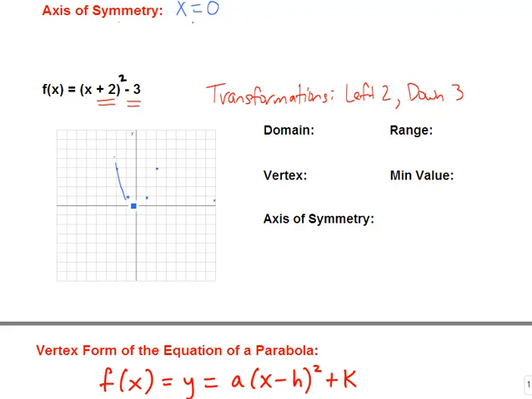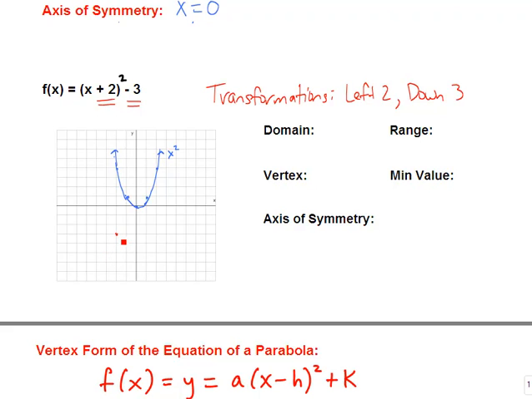So we'd get that U shape. So what we're doing to this function, this x squared, is we're shifting it left 2 and down 3. So I'm going to move just the vertex, that's the only point I'm going to work with at first here, and move it left 2 and down 3, and that's where the new vertex is going to be.